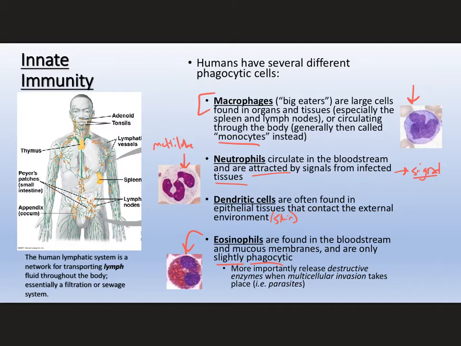But more so what they do is they release destructive enzymes from those little red vesicles, and those enzymes will try to kill any kind of invader they find. And so these are really involved in parasitic infection. So if you're a medical worker and you see a high number of eosinophils in a patient's blood work, that's an indication that they might have a multicellular infection, which is creepy to think about, but maybe something more like a tapeworm or something like that.